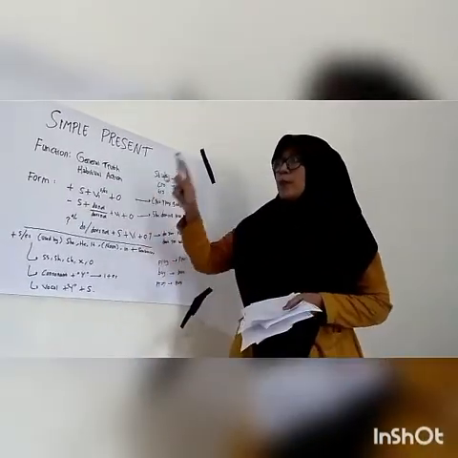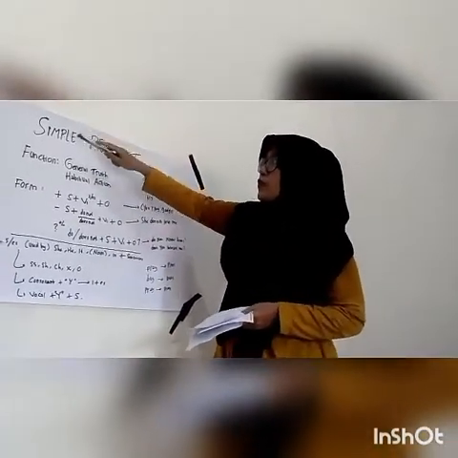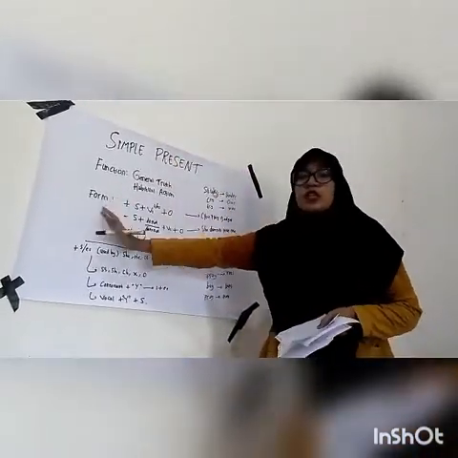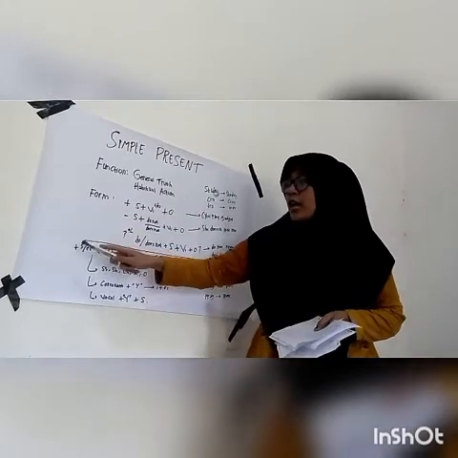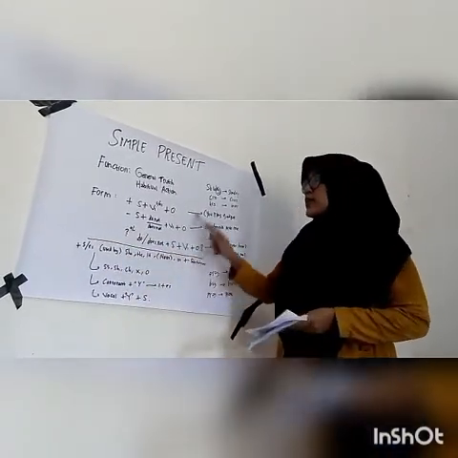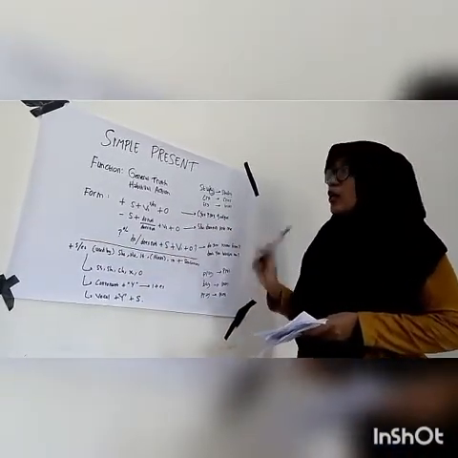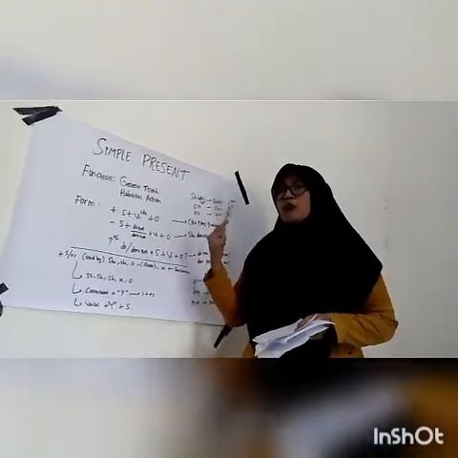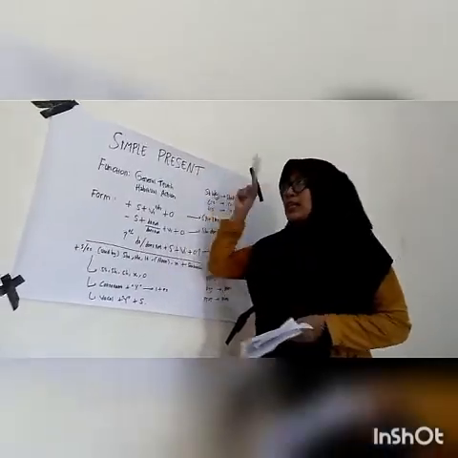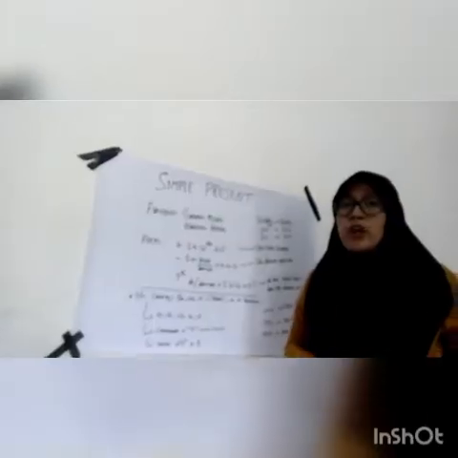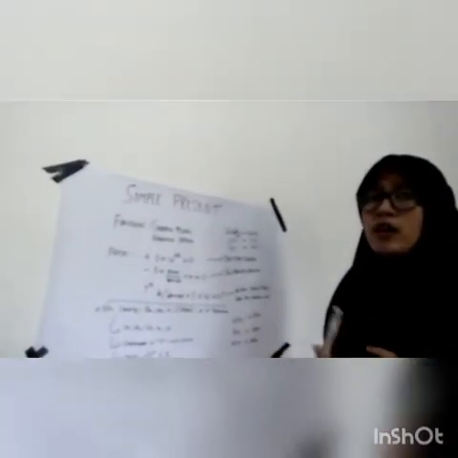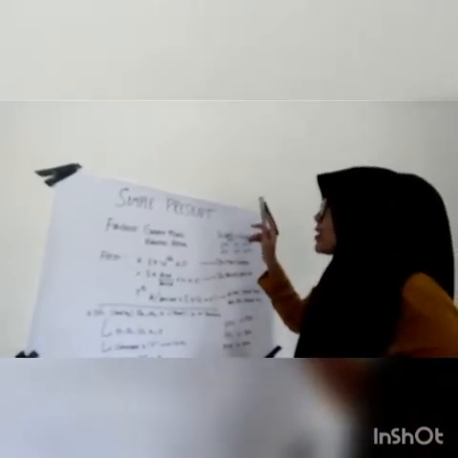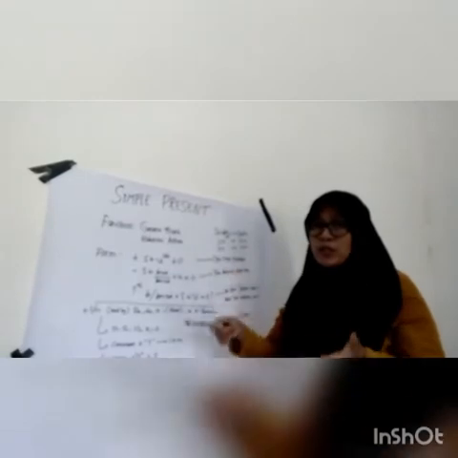Do you understand my explanation about simple present tense in definition, function, and formulation for the additional s or es in the subject she, he, it? Okay, I want to explain to you again so you remember about the simple present tense, my explanation before.